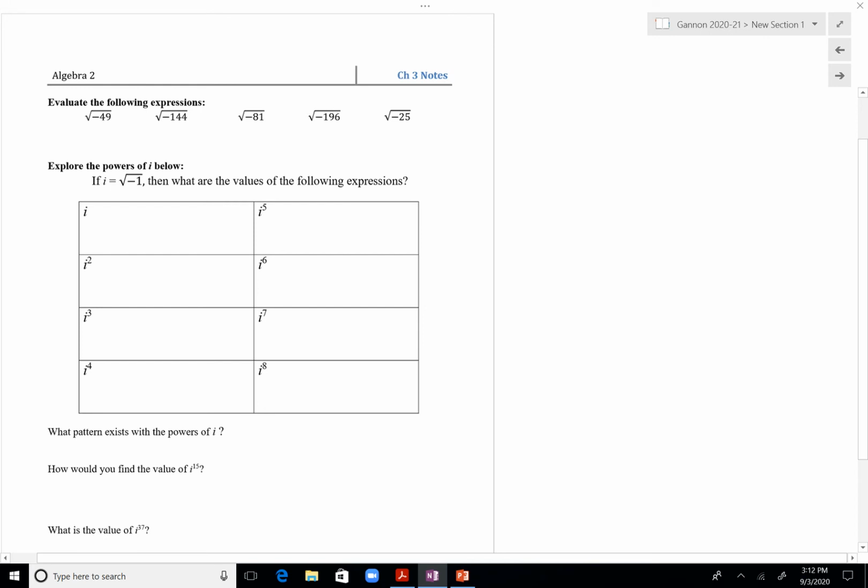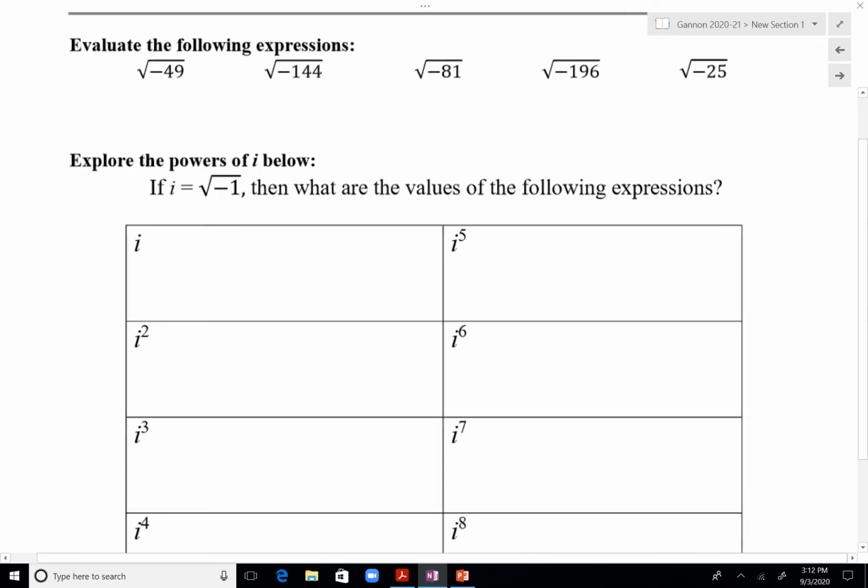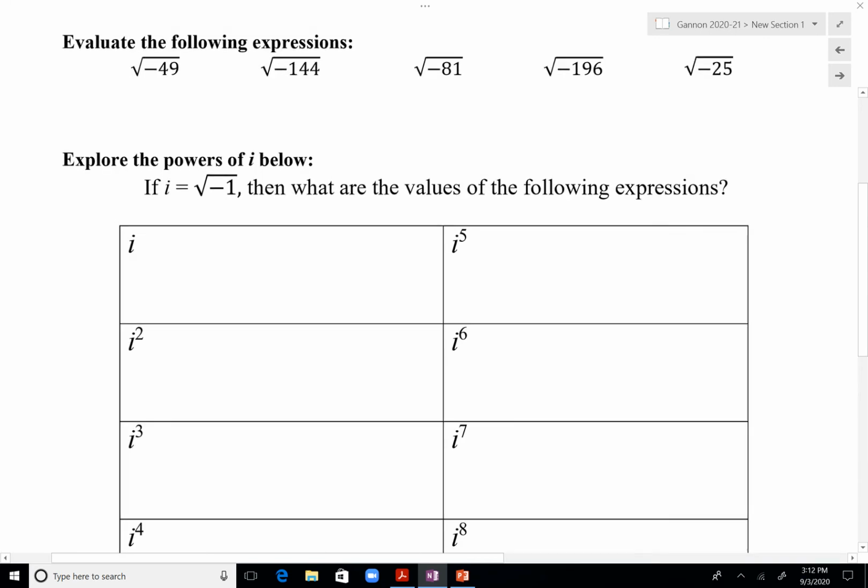Using that same idea, we've got a couple other expressions. All we've done is taken those square roots from the front page and put a negative in front. So the square root of negative 49 is the square root of negative 1 times the square root of 49, which is i times 7, or 7i.